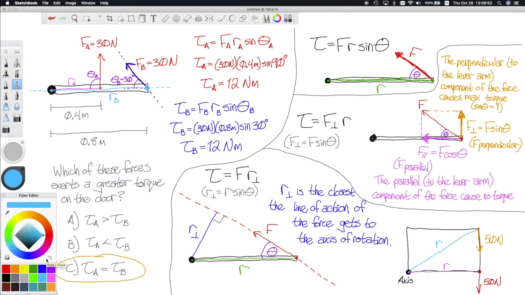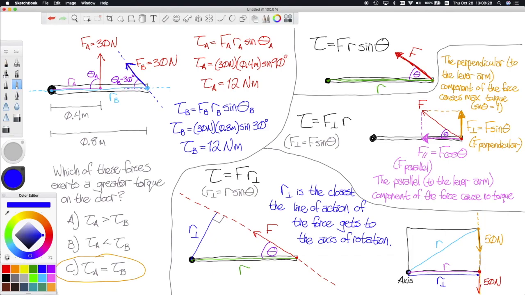But if we end up taking R times the sine of theta, then we get the perpendicular lever arm. So if we extend out that orange force with a dotted line, then R perpendicular will be the closest that dotted line gets to the axis of rotation. So this distance here would be R perpendicular, which is the same as the R or the lever arm for the red force.